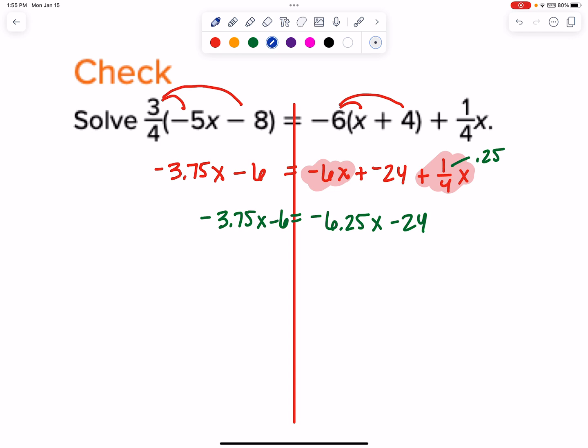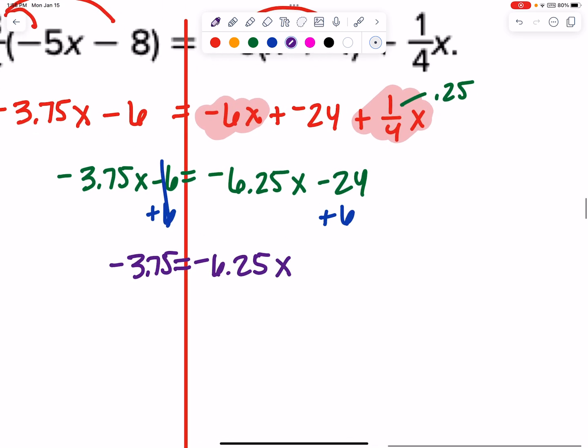So I'm going to go ahead and let's just add 6 to both sides. Cross that out. What are we left with? Well, we have a negative 3.75 on this side equals negative 6.25 on this side, x. Different sign, subtract. So 24, 23, 22, 21, 20, 19, 18. So we're at a negative 18.